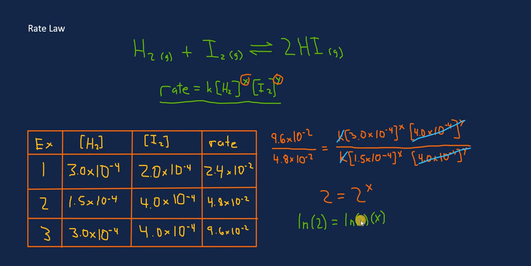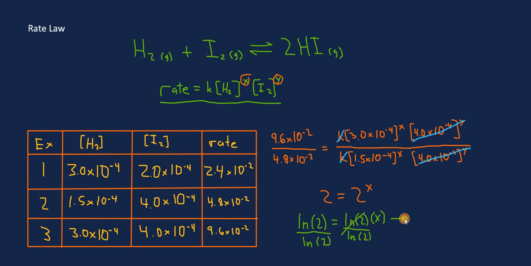So in this case, our base number was 2. Therefore, if you take the natural log of 2 to the x, it becomes the natural log of 2 times x. And then you just divide them out, like so. And of course, natural log of 2 divided by natural log of 2 is just 1.